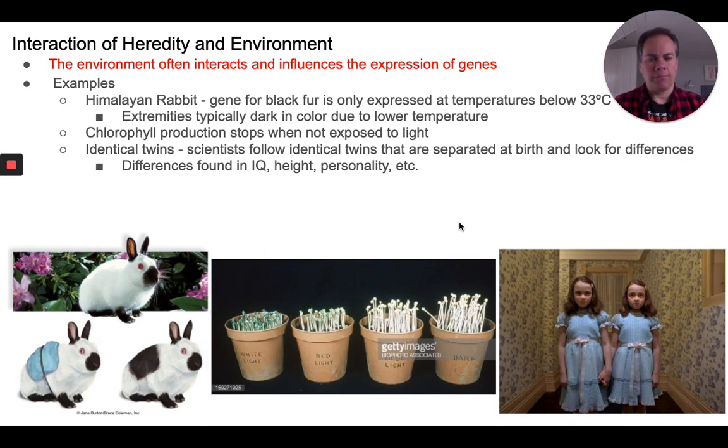So scientists often study identical twins to help them get an idea about what traits are purely based on our DNA and what traits are more about the environment or other factors outside of the actual genes that an organism has.